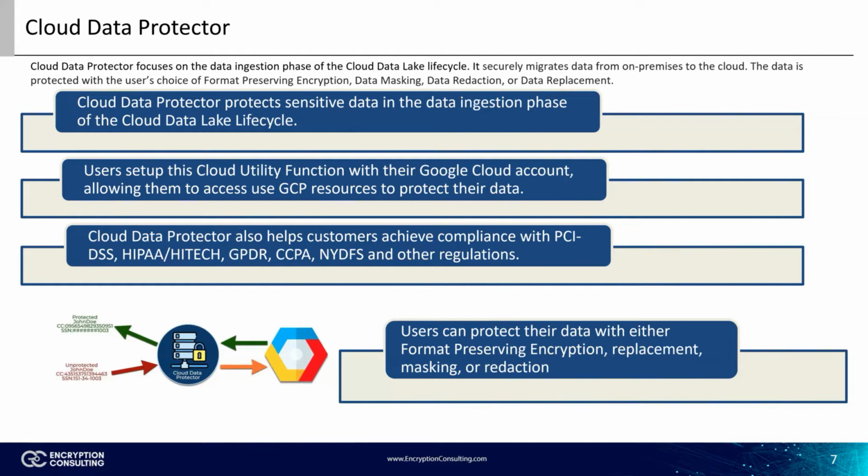This tool protects data being moved from on-premises systems to the cloud. Users have the ability to choose either format preserving encryption, masking, replacement, or redaction of sensitive data within their dataset before it is transferred to the cloud. Safeguarding data in this way ensures your organization meets compliance guidelines like FIPS or PCI DSS.